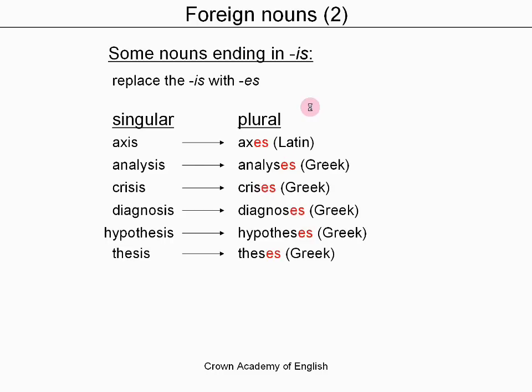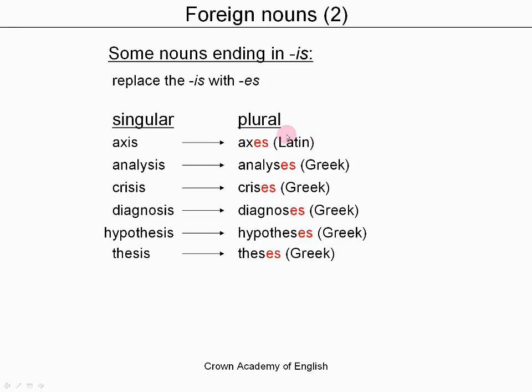And again, these are not very common words, so do not panic, do not worry too much about these. But it is important that you know that these words in the singular, when it is -is, become -es.